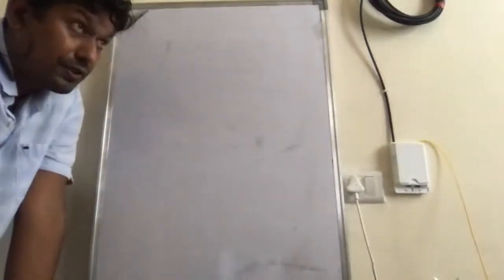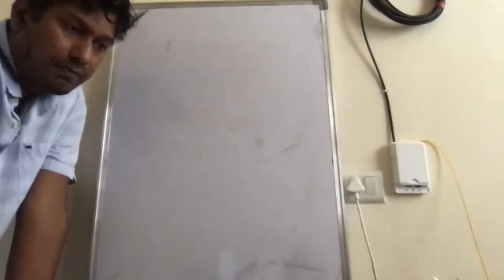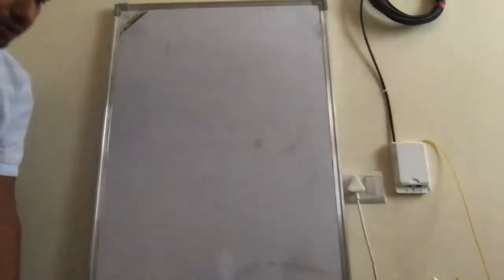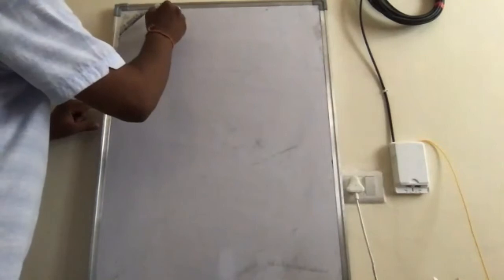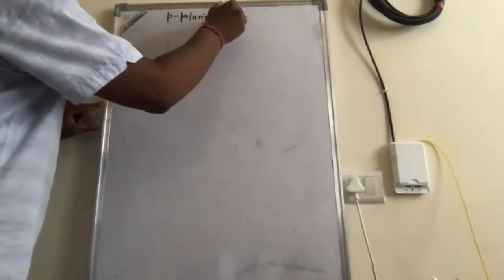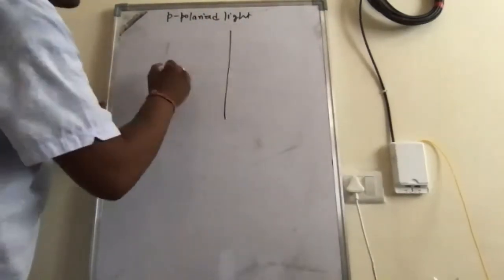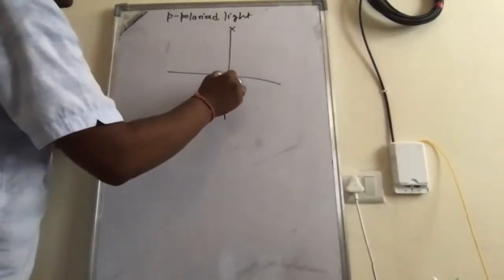So, in the last class, we discussed the propagation of the parallel polarized plane wave through the dielectric interface, for p polarized light. We have taken this dielectric interface along the xy plane.